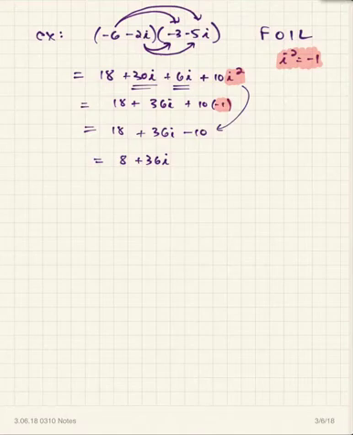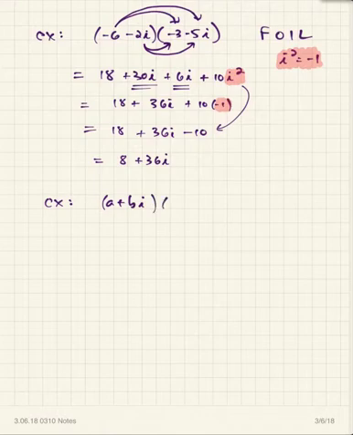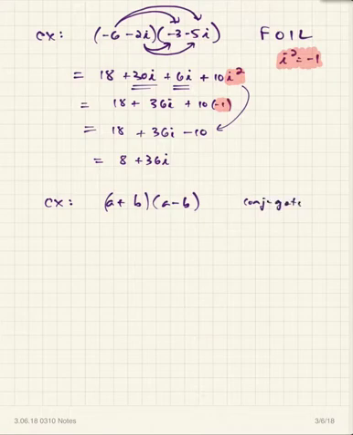All right, don't forget the multiplication patterns that we have talked about back when we were talking about radicals. Don't forget that when you multiply any conjugates, a plus b times a minus b, that just gives you a squared minus b squared.